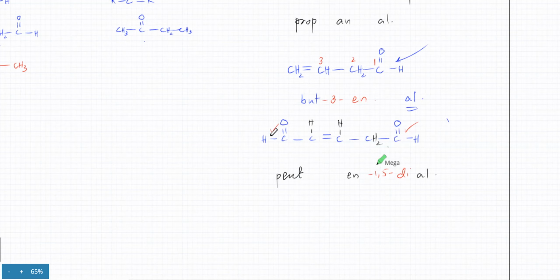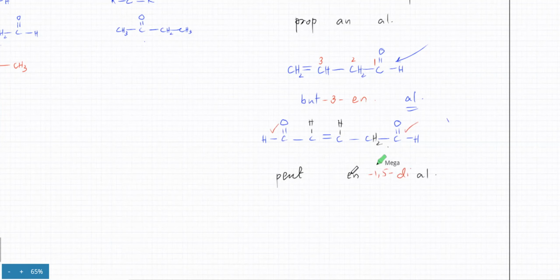One would be at one side, the other at the other side. So by default, you would still know the position. It's not important to actually tell the position of the aldehyde group. By default you know that it's going to be at the end. And if there are two aldehydes, one would be over here, the other one would obviously be on the other side. So this 1,5 is not really required.